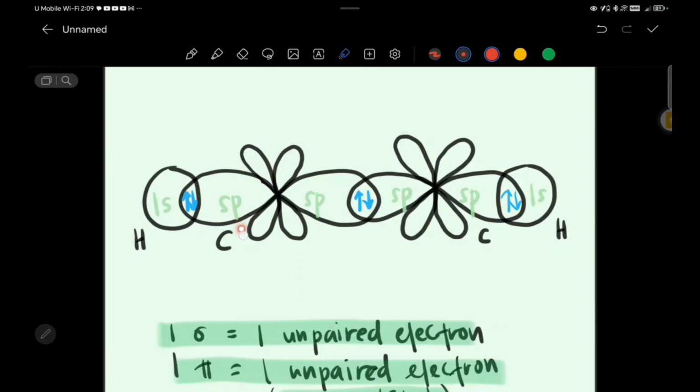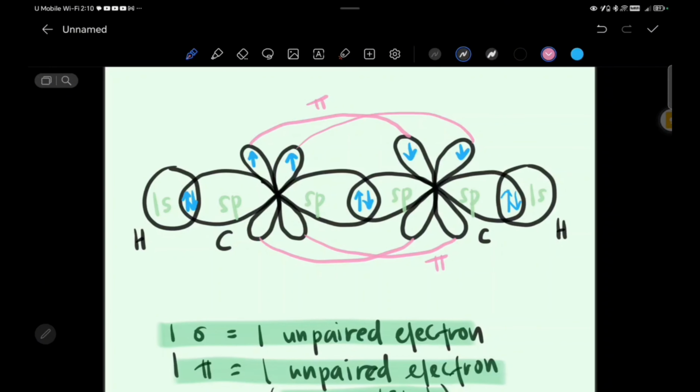This equals 1 pi bond, and this is for the second one. For the pi bond, we need to draw the electrons. This equals this, this is the pi bond, and this equals this, another pi bond here.